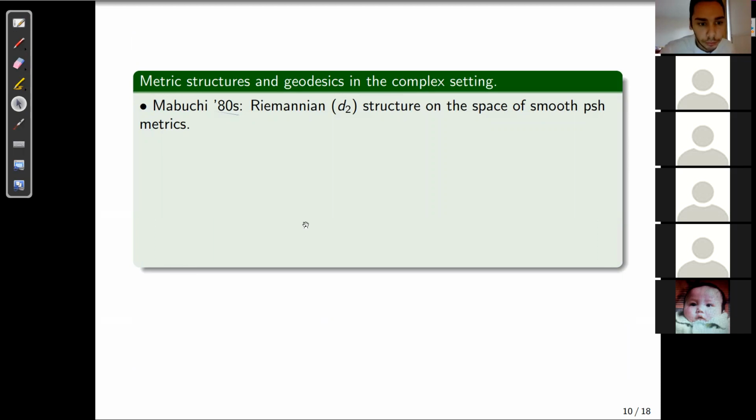Now I'm just going to briefly review some history about defining metric structures and geodesics on the space of PSH metrics or some subclasses thereof. So first, Mabuchi in the 80s managed to find that you can put a Riemannian, so infinite-dimensional Riemannian manifold structure on the space of smooth PSH metrics, which can be seen as a kind of a d2 type metric.